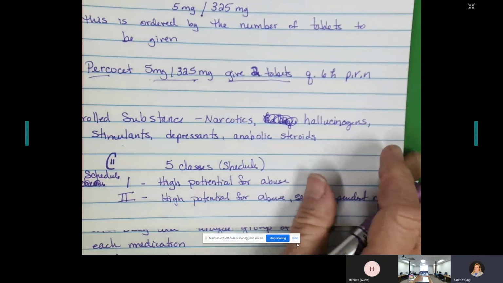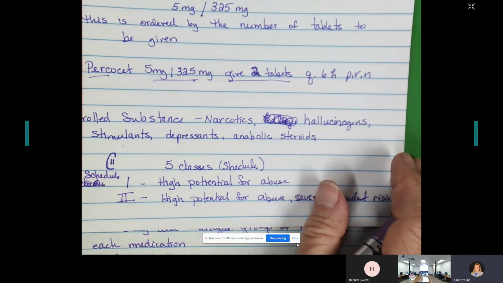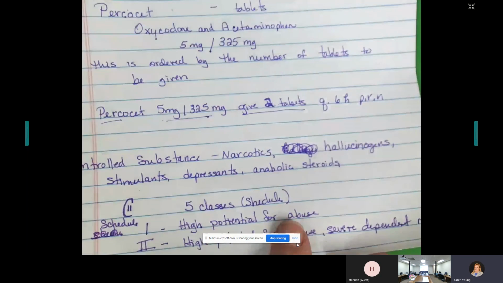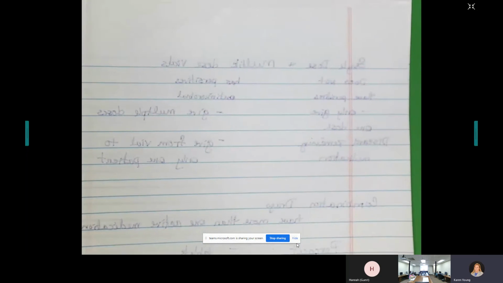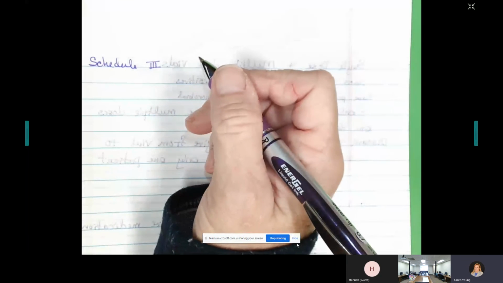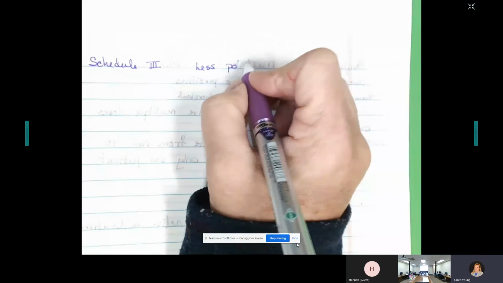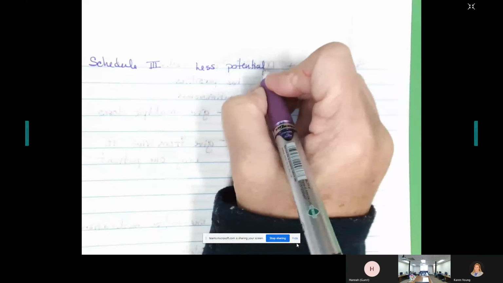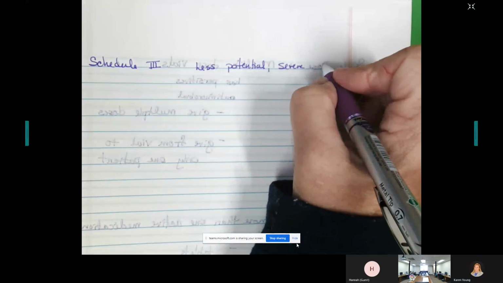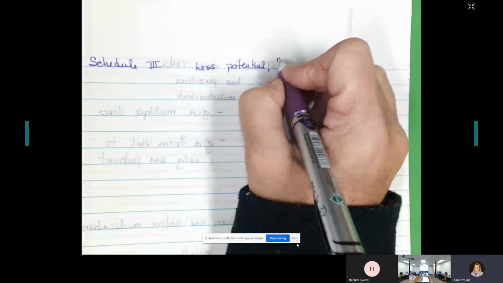These are in your textbooks. This list, no, this list is not in this textbook. A schedule 3, it's on those notes that I posted on Canvas though, has a less potential for abuse, but it still has a dependent risk. No, take that back, not severe, moderate.